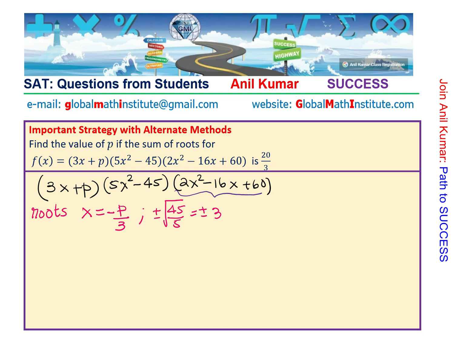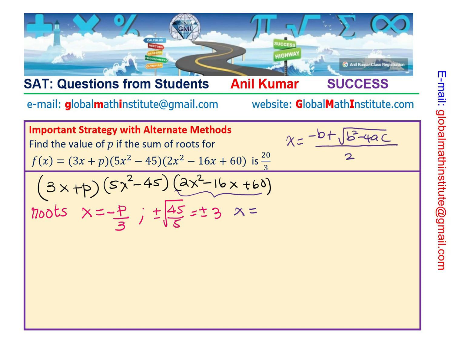Factoring is slightly difficult for this, so we'll use the quadratic formula. x equals minus b plus minus the square root of b² minus 4ac over 2a. If you use this, as you can see, we have 2 times 16 times 30. You could also reduce it by taking 2 common, which becomes slightly easier.